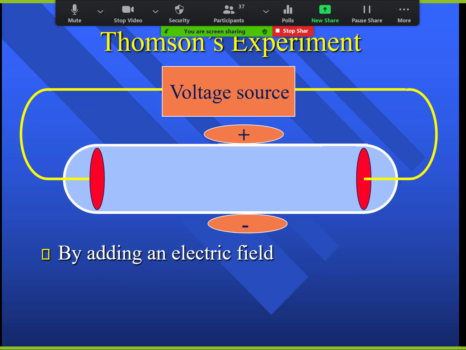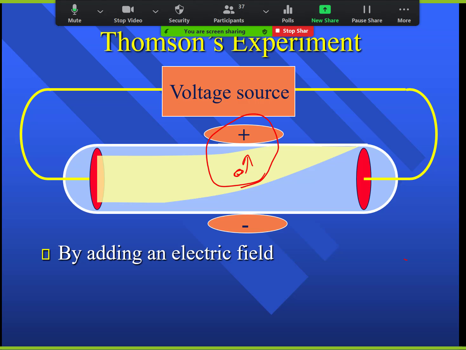Now, you saw it move with magnets. Electric fields also do that. We can see that if you put the electric field, it turns toward the positive, or you could say it turns away from the negative. So what's got to be true if it's being pushed that way? Well, the rule is opposites attract.